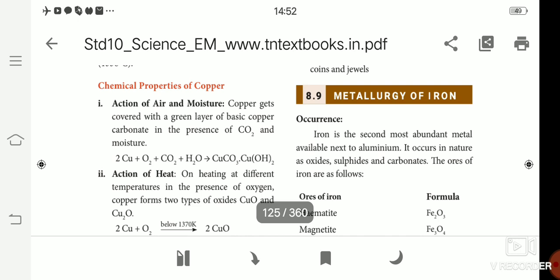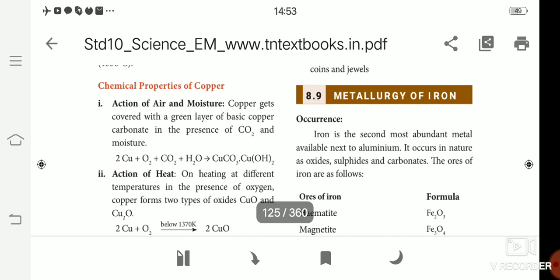The air contains elements like oxygen, nitrogen, carbon dioxide and sulfur dioxide. So the metal copper, in the presence of air, oxygen and carbon dioxide, reacts with water, meaning the moisture of the air.